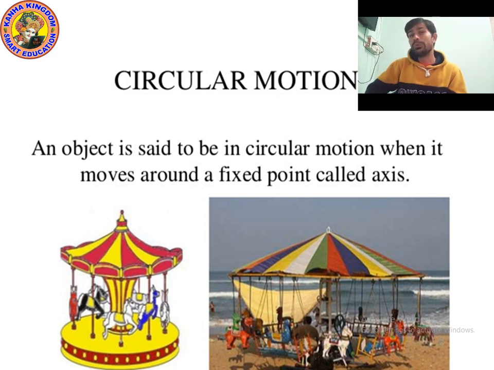If I rotate my hand, my hand is also doing circular motion. If I move my neck round and round, my neck is also doing circular motion around a fixed point. So this kind of motion is known as circular motion.